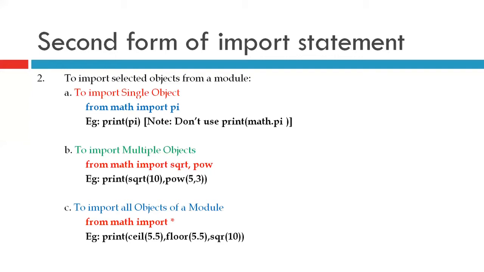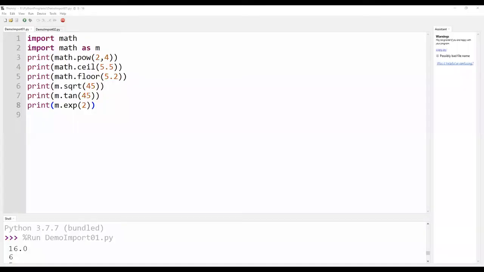All right, let us discuss these things via a simple program. As I said earlier, there are two methods. One is importing the entire package, the other one is importing the necessary package.